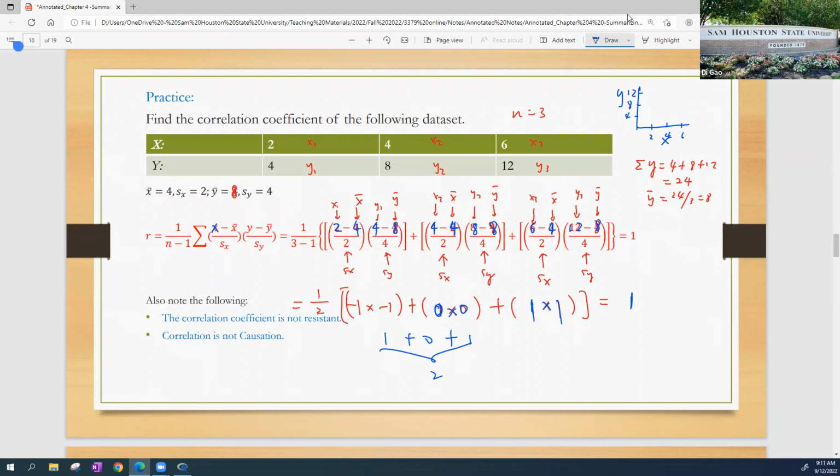So the pairs are 2, 4, and 4, 8, and 6, 12. And then if you connect that to a line, that's a perfect straight line. All the points lie on the line. So that's why we say it's a perfect positive linear relationship.